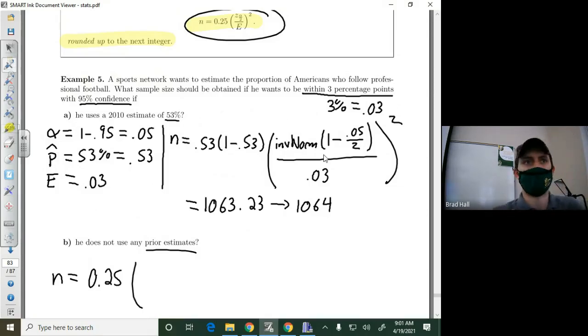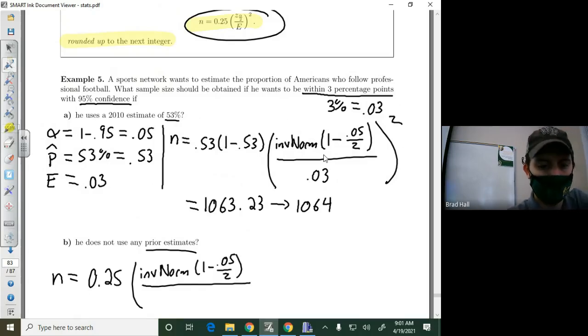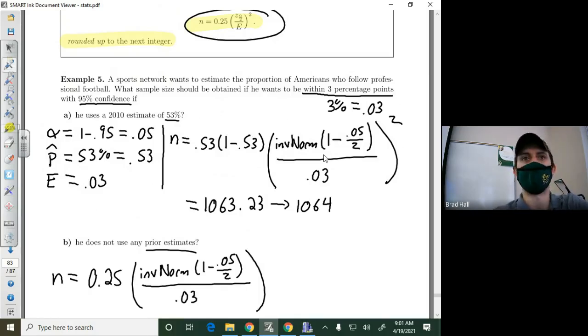This is when you don't have a point estimate. So then it says Z sub alpha divided by 2. So I'm going to use inverse norm again, which is going to be the exact same, divided by the error of 0.03, because that's still the error from before. And that's all squared.